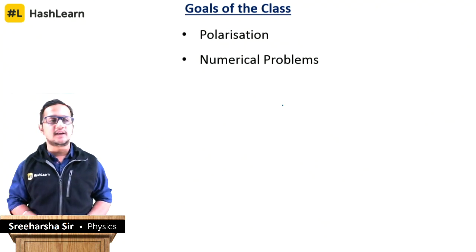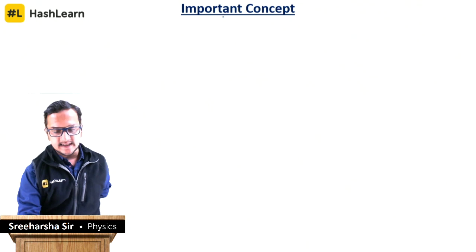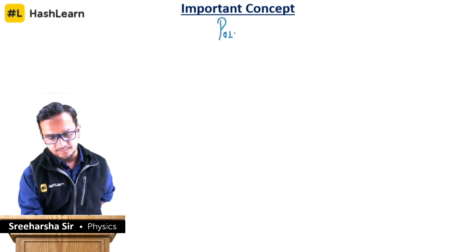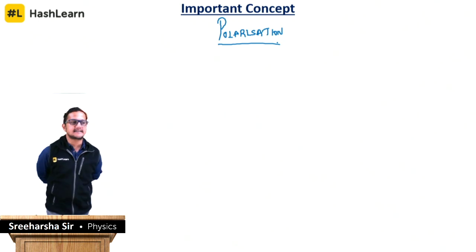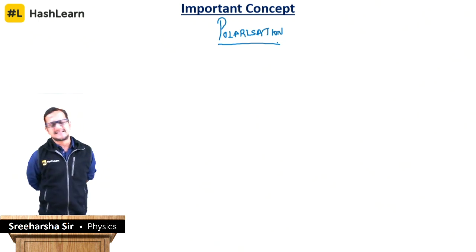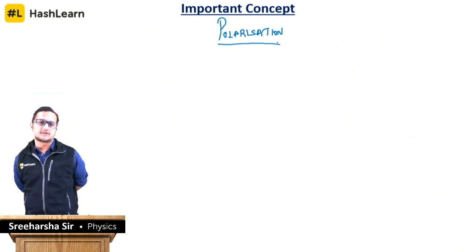Now we are going into polarization and the numerical problems on that. So basically, what is polarization? I'm pretty sure this word is not new to us. We have dealt with a similar concept called polarization in electrostatics.